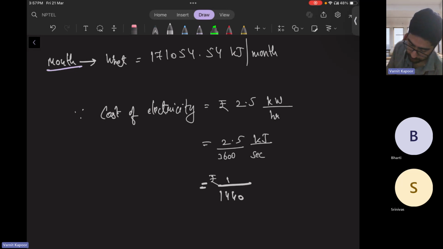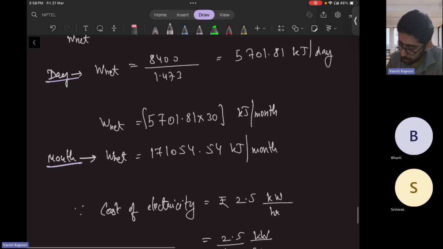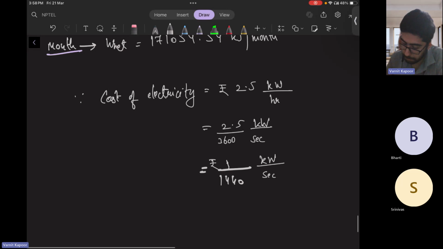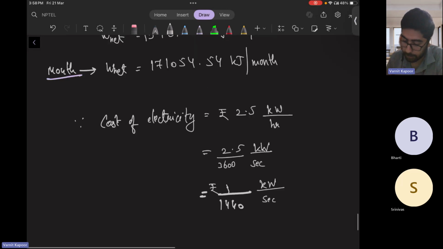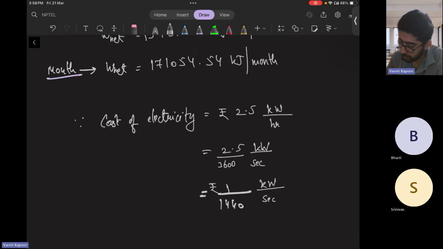I should try it like this. And R is converted into second, so it's 1 by kilowatt per second. That is your cost in kilowatt per second. Your work net is in kilojoule per month, on a monthly basis, and this is on a per second basis.